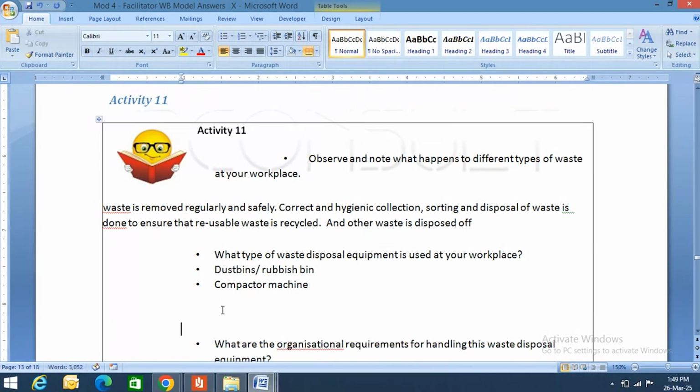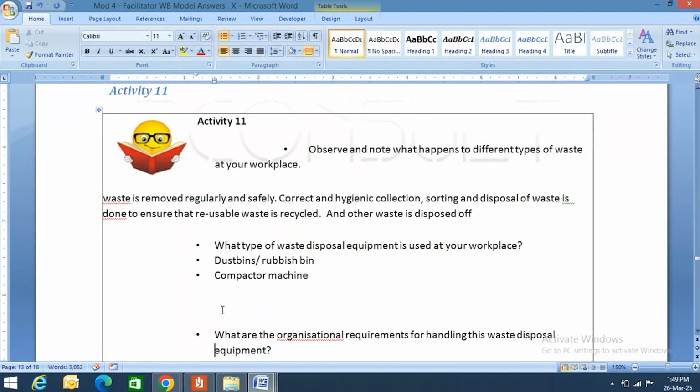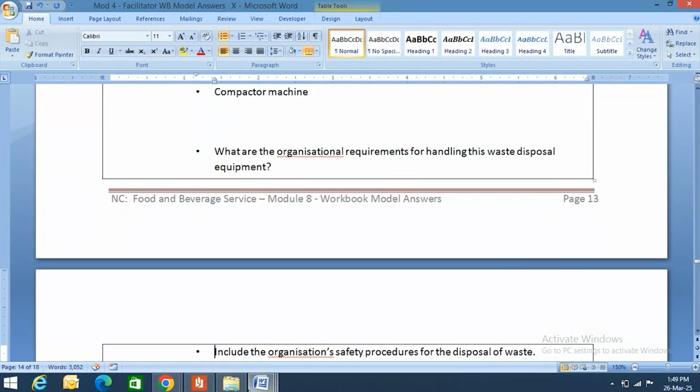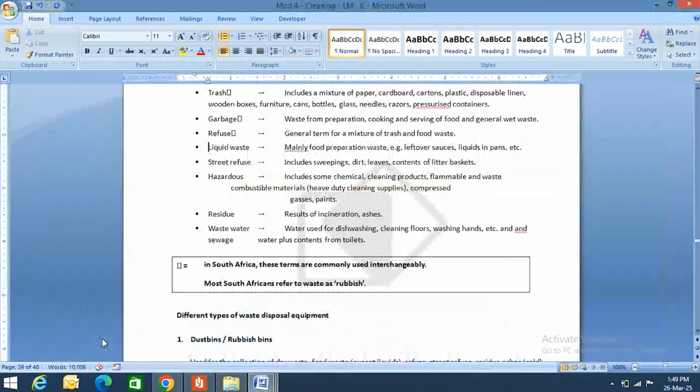Okay. Then what is your organization's requirements for handling these equipment? It should be this. I'll tell you what.